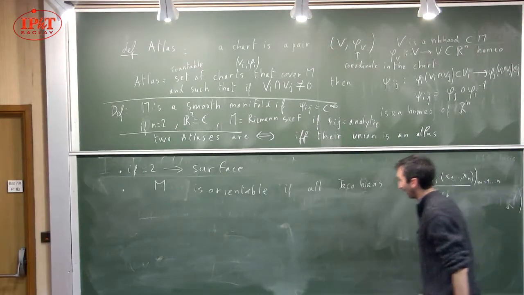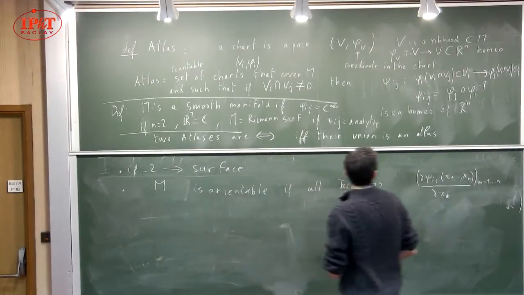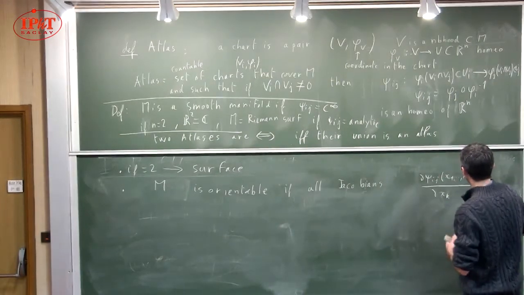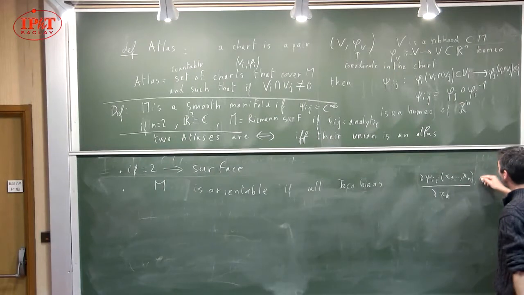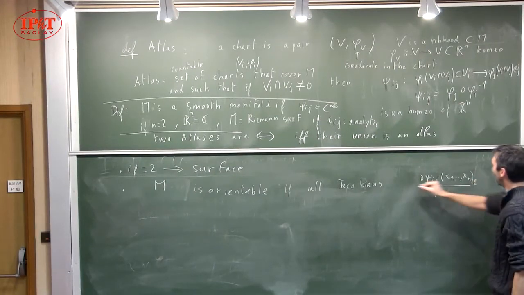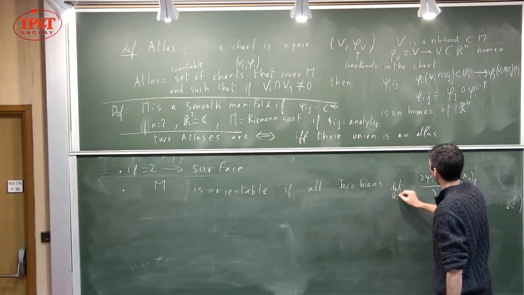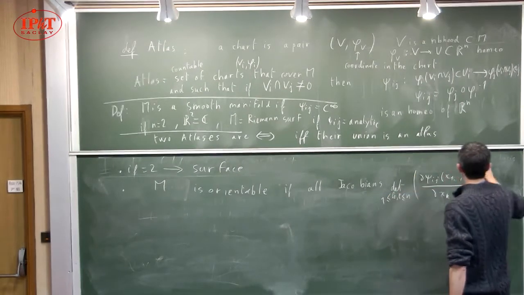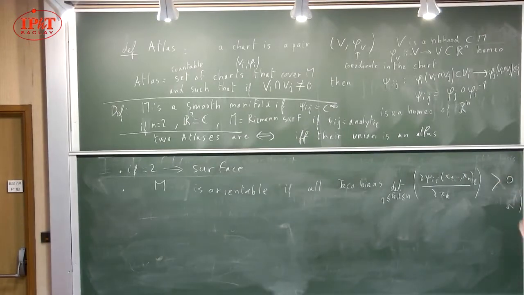Well, let me write it this way. So for every transition map psi ij, you take the determinant over k, l, is positive. So if all transition maps have positive Jacobians, the manifold is said to be orientable.